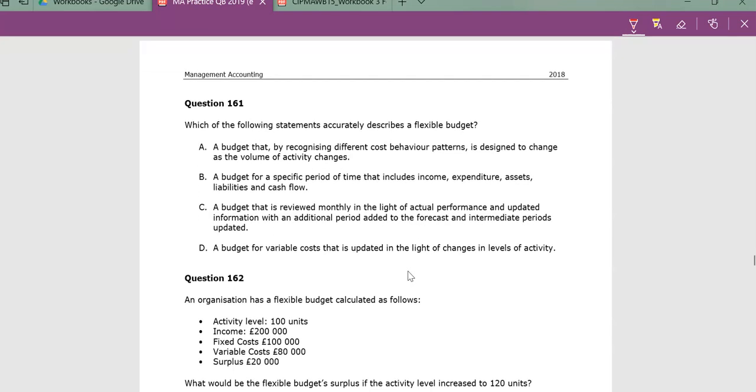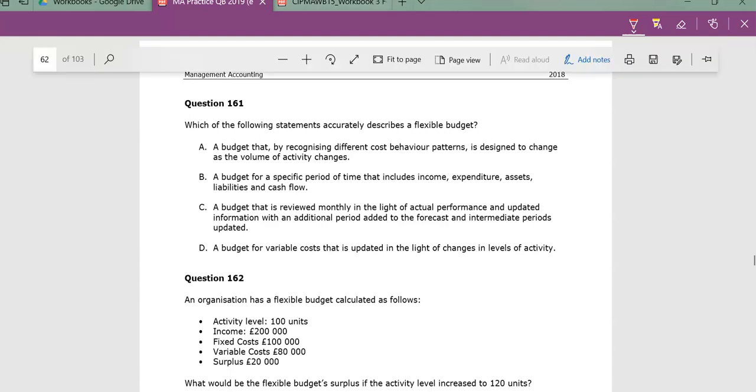So let's take these. A flexible budget is very much where you will set a fixed budget and then you recognize that activity changes. So you might set a fixed budget thinking you'll do 10,000, but you're also aware of what would happen at 12 and 13 and 14, so you can look across the spectrum. So it's almost like a forecast, but you're changing activity.